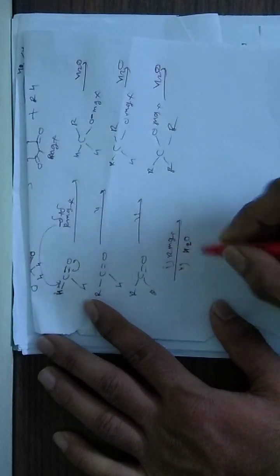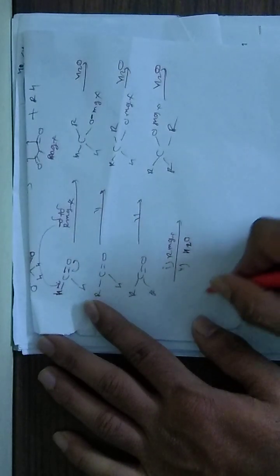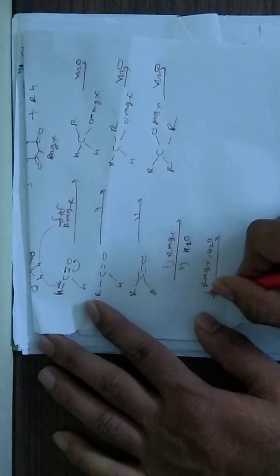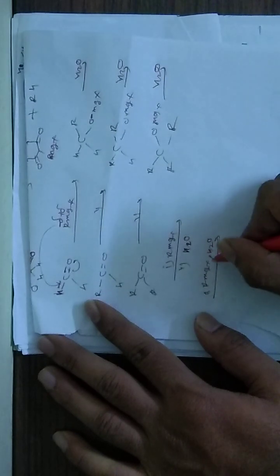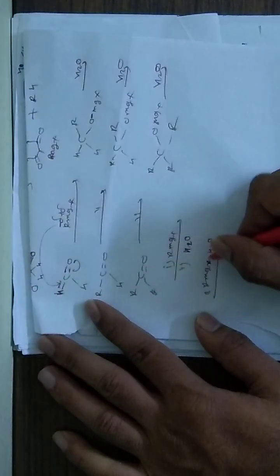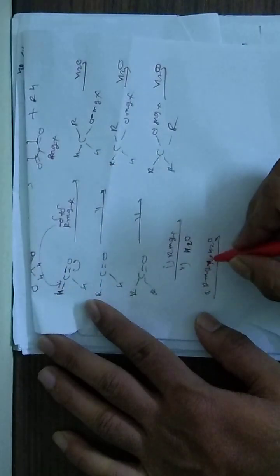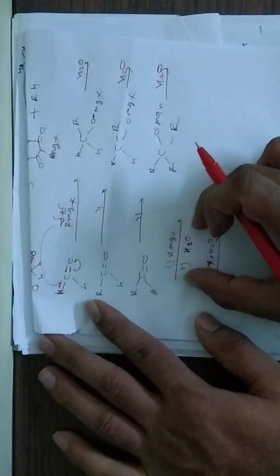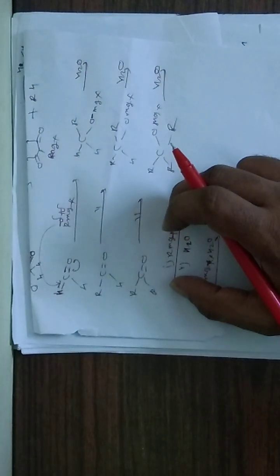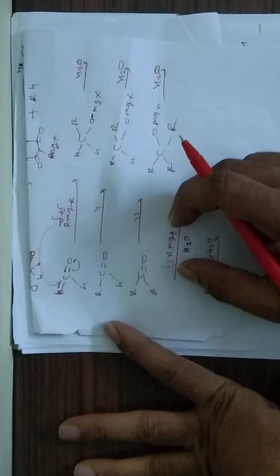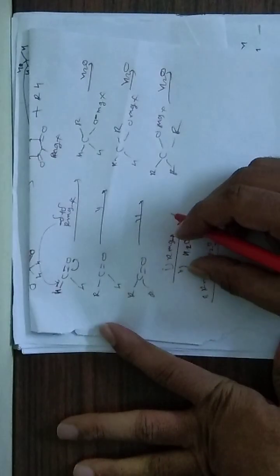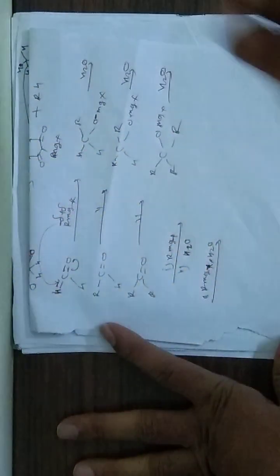They do not write it as RMgX and H2O together. The meaning of that is, if we add RMgX as well as water at a time, the reaction differs. Here the meaning is that firstly we add the Grignard reagent, it reacts with the carbonyl compound and forms this type of compound, and after that we add water. Then what will form we will see now.